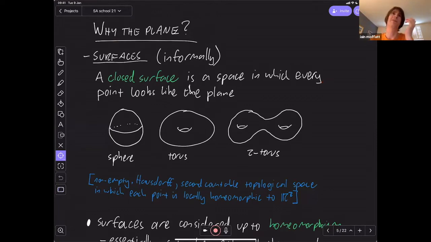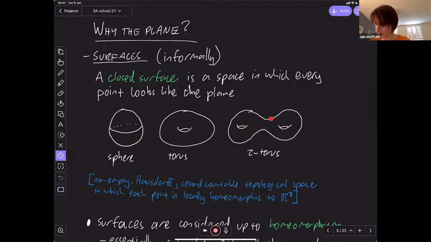I'm also going to avoid formal definitions because, well, it can be a bit of a pain. So a closed surface is just some topological space in which every point looks locally like the plane. Some of the usual examples would be the sphere, which is drawn down here, or the torus, the surface of a donut, or the two-torus, two donuts glued together like this.